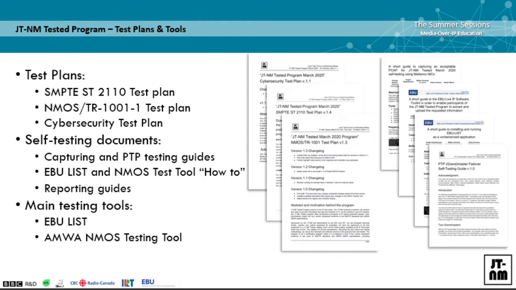We've also produced a number of guidelines on how to perform the test, how to do the proper capturing, how to use the tools. We've been doing some additional PTP testing, so that's also covered by yet another recommendation document.